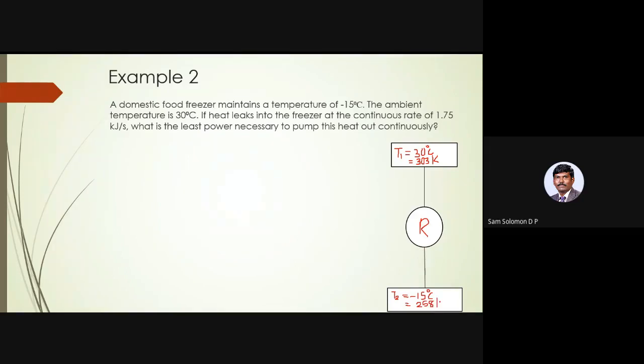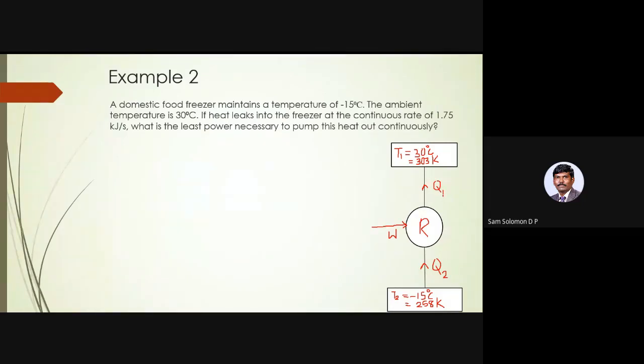So we have identified T1, T2, and we have identified that it is a refrigerator. For a refrigerator, you will be removing Q2 amount of heat from the refrigerator with the help of external work input, and you will be rejecting Q1 amount of heat to the atmosphere, to the surrounding room.